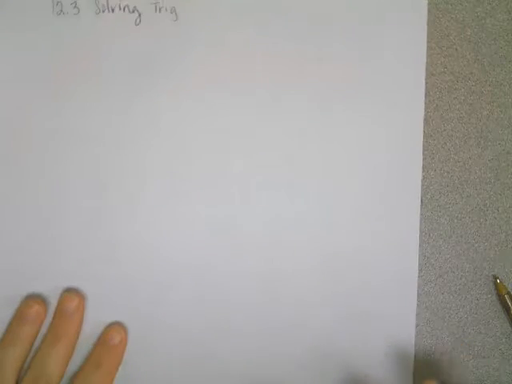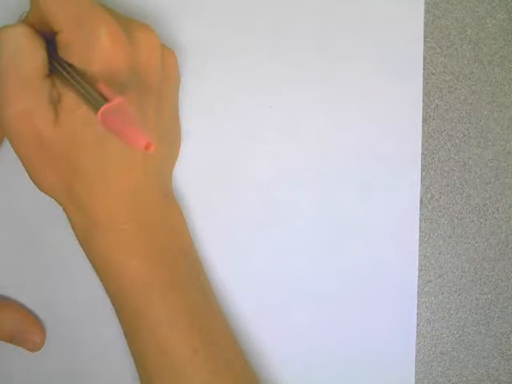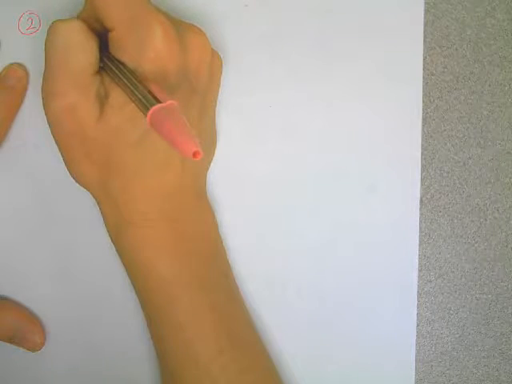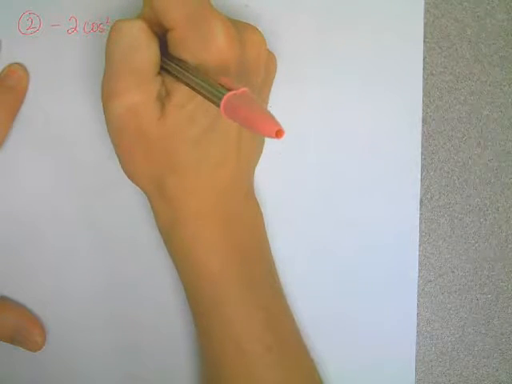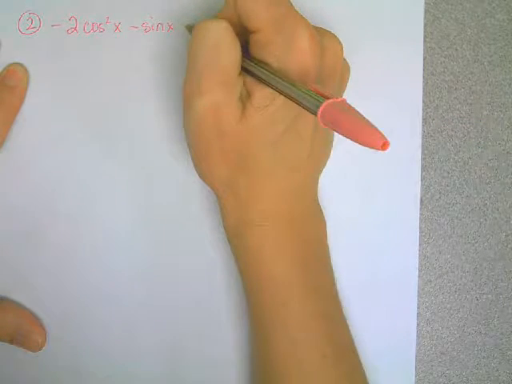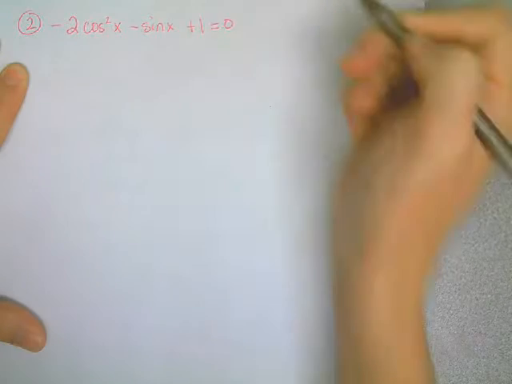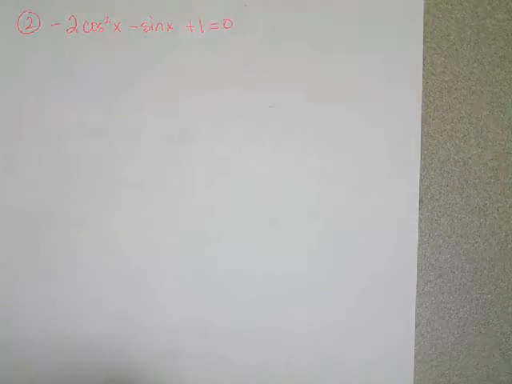Here is this example. Number 2, negative 2 cosine squared x, instead of theta, they're using x, minus sine of x plus 1 equals 0. You can use theta, you can use x, you can use any variable, as long as they're the same.